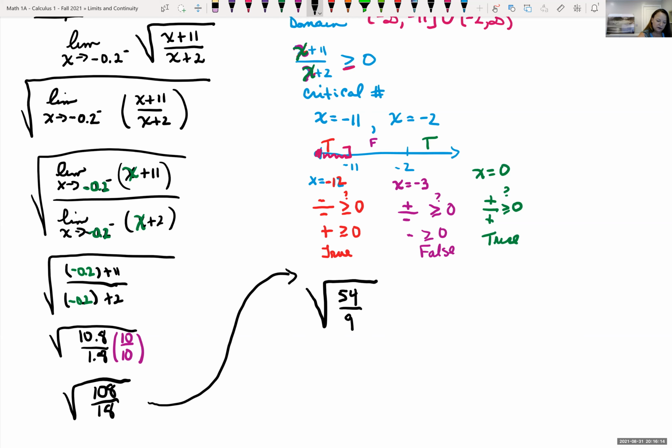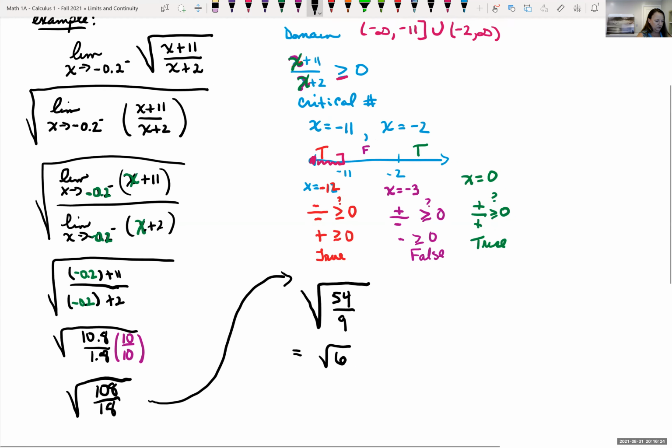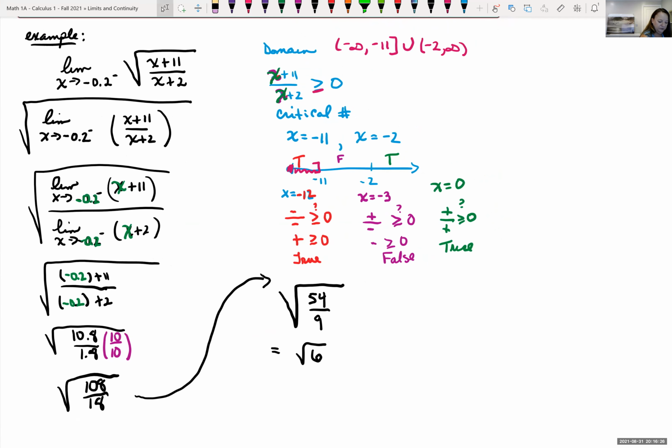So this will be equal to the square root of 6. If we looked at the graph, x is approaching -0.2 on the left, and it's the same thing on the right. We would get back the square root of 6.